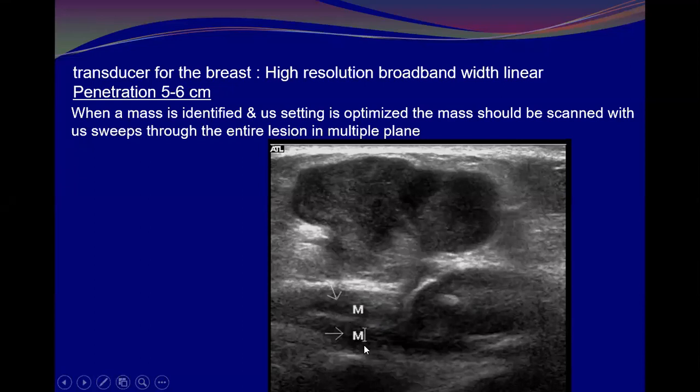These are the pectoralis minor and major muscles, and the infiltration by invasive cancer. If we could not see the deep portions of the lesions, we could not evaluate the cancer itself.